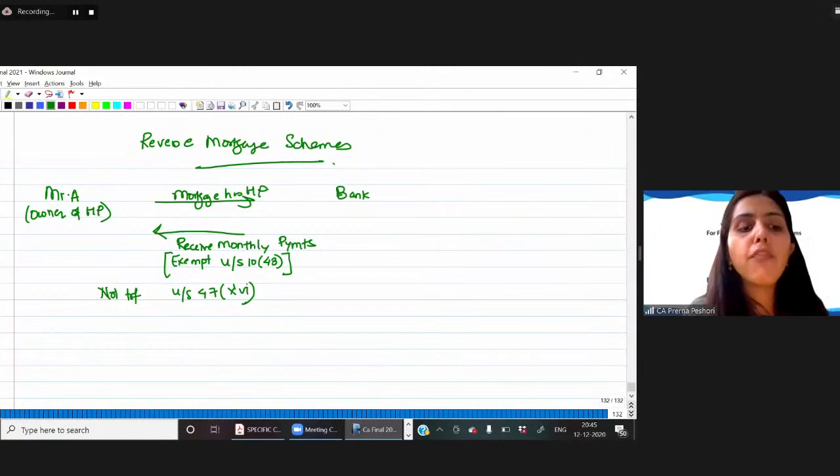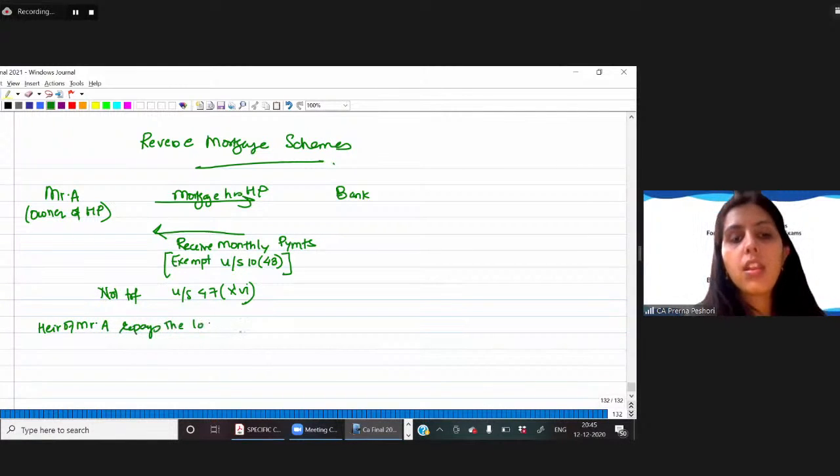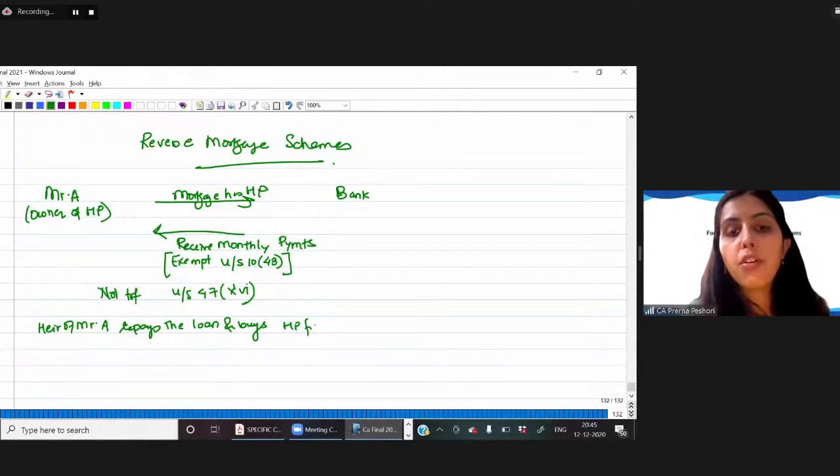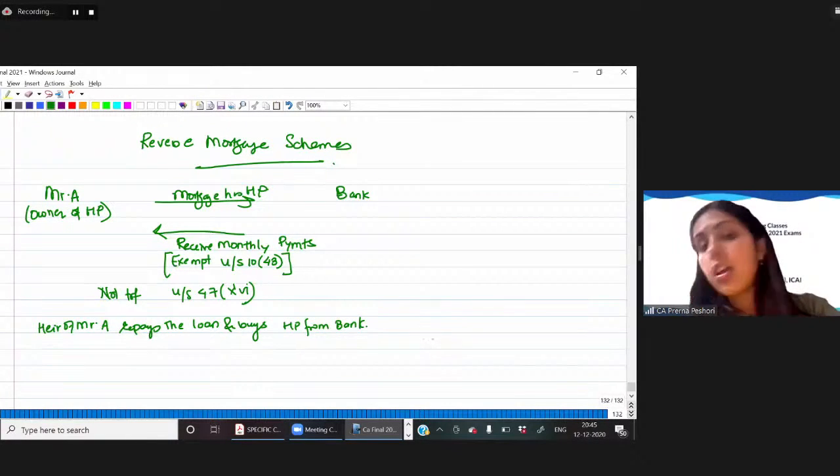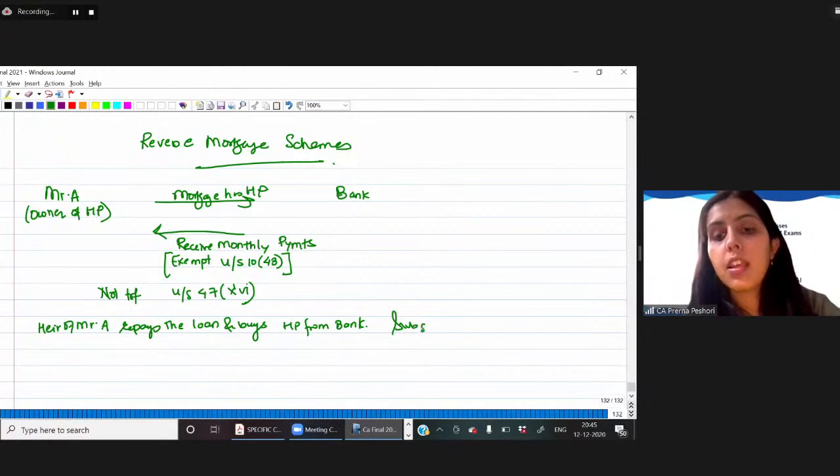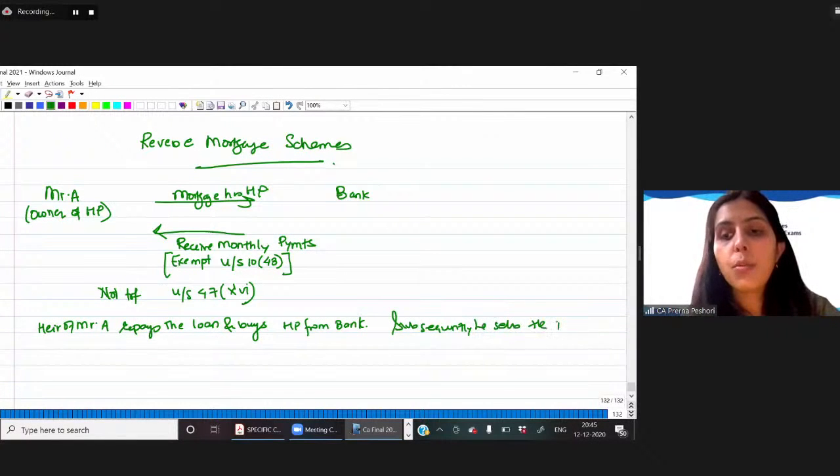So, the heir of Mr. A repays the loan and buys the house property from the bank. Subsequently, he sells the house property.